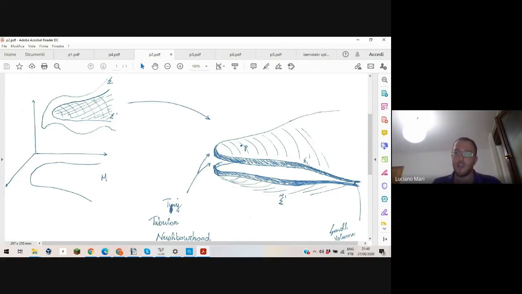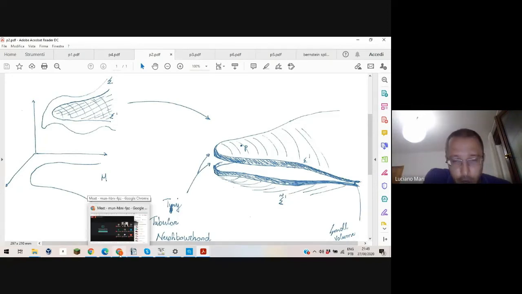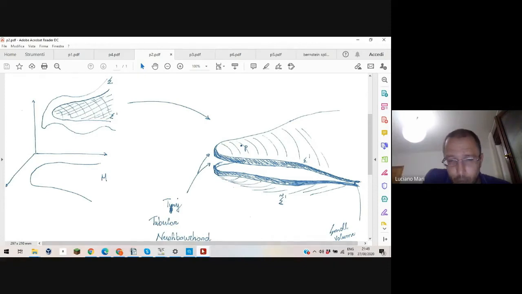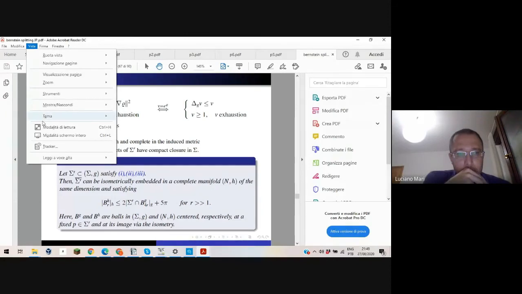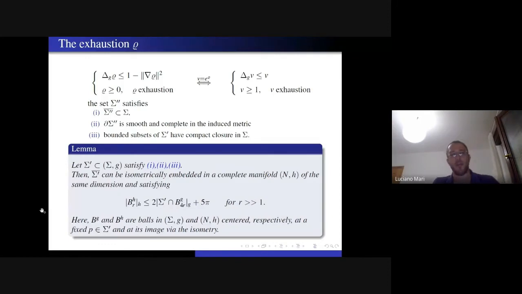So we join two copies in this kind of dolphin's mouth, and you construct a complete manifold whose volume is controlled by the volume of the piece of the graph. The reason for this will be clear in a moment. Okay, so we double the manifold and find NH.